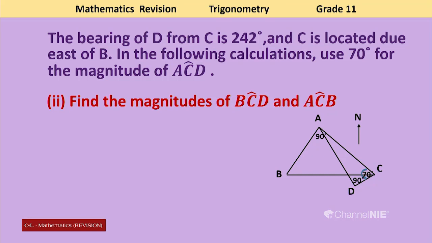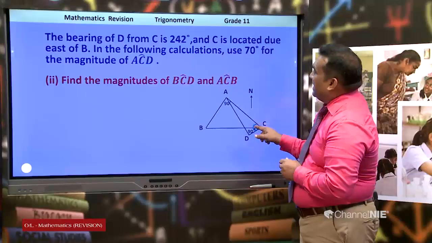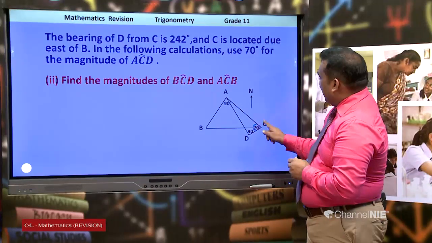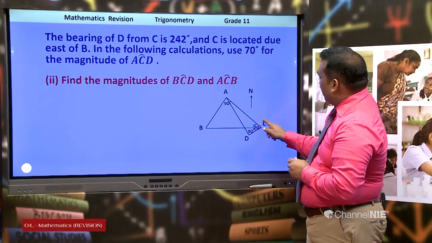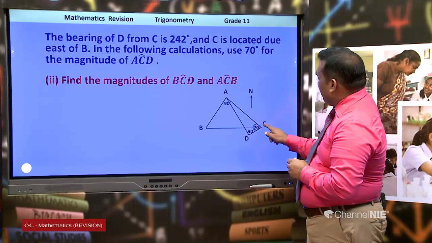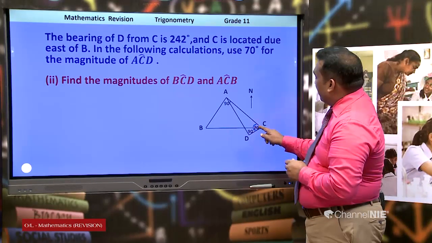Right? The bearing of D, D means this is the location of, this is the moving point. Bearing of D from C, it means here you can see the north. Here north, then this angle is, you know, 242.